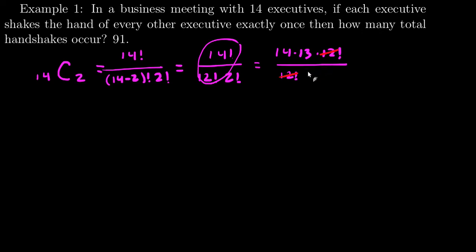And then I still have 2 times 1, that 2 factorial. To finish it off, I can reduce down some stuff. So instead of trying to multiply 14 by 13, then divide by 2, I would reduce this down first. 14 divided by 2 times 1 is going to give me 7. 7 times 13 gives me 91.